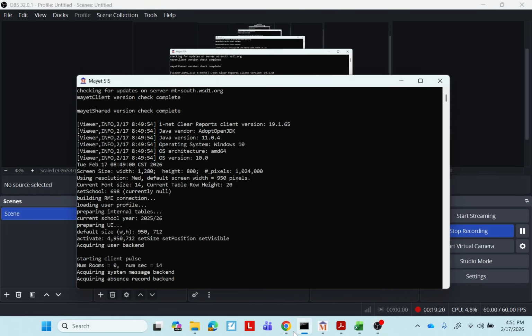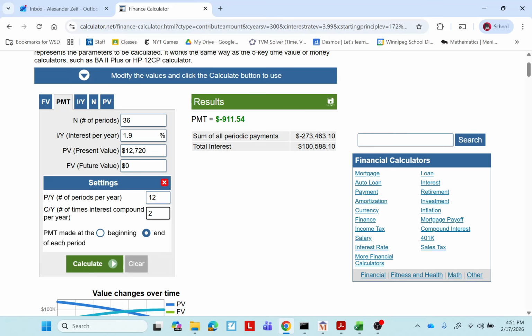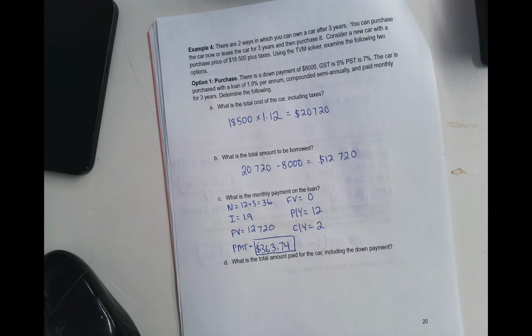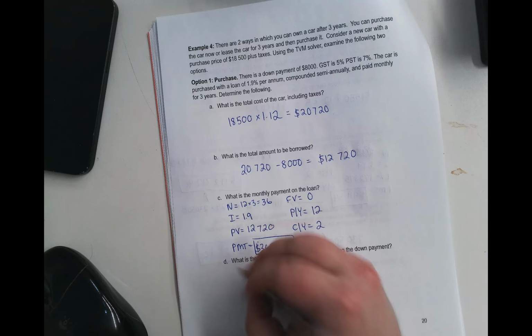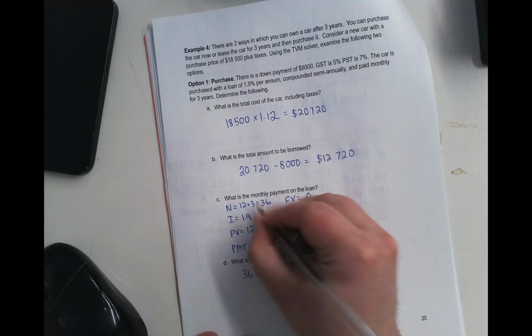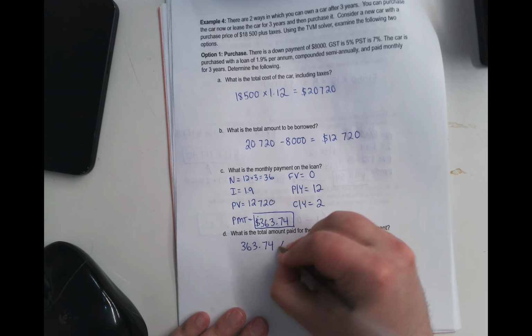So I've got it all set up here in my financial calculator. If we hit calculate, we get a monthly payment of $363.74. All right, so I've got that written down there. And then in part D, it says, what is the total amount that you paid for the car, including the down payment? So we made monthly payments of $363.74, and we made 36 such payments.